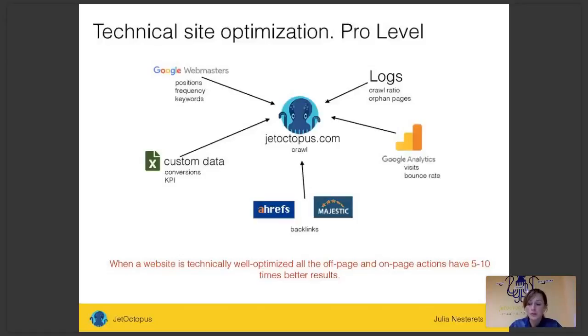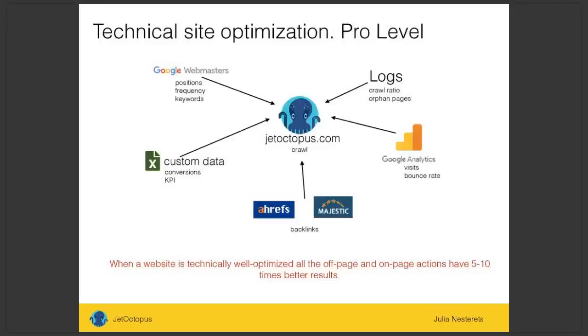The more data you have, the better, and it gives you the opportunity to set priorities in your site optimization. When the website is really big, it is not wise to make product updates and site optimization blindly, from somebody's point of view.